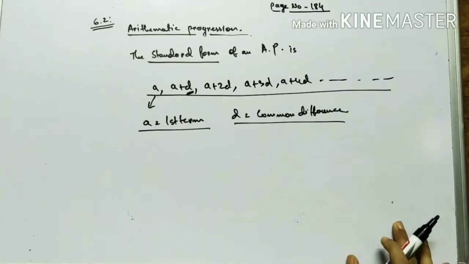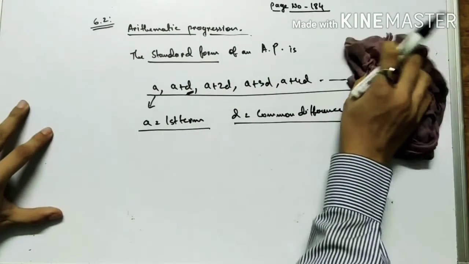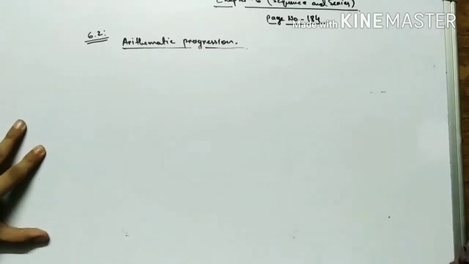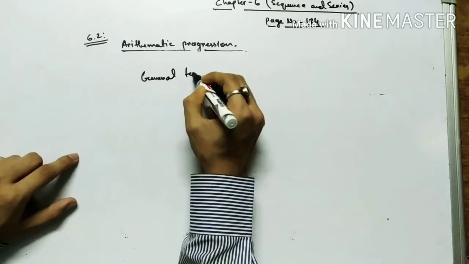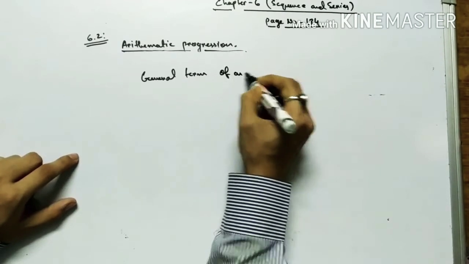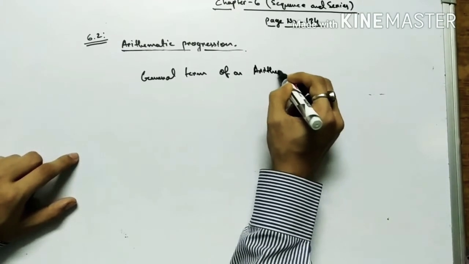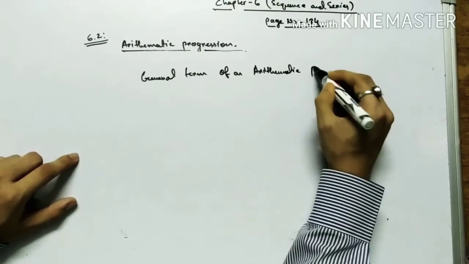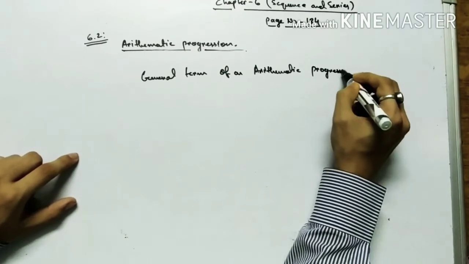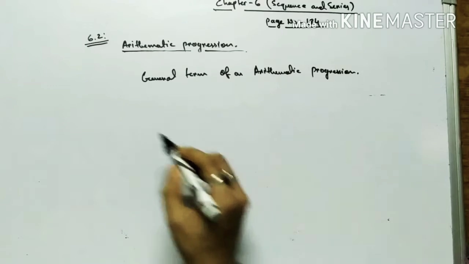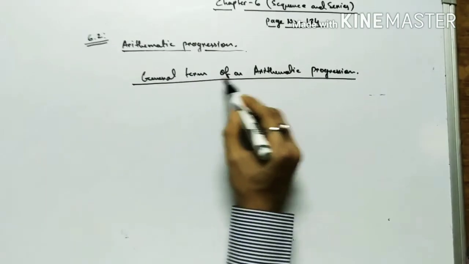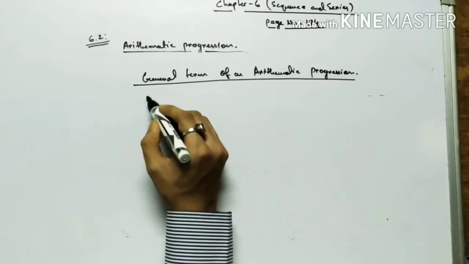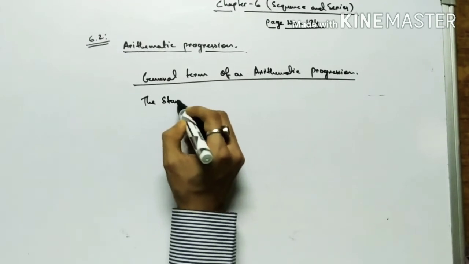Now I will go to the general term of an arithmetic progression. Remember, the general term. So you see the standard form; this is the general term of an arithmetic progression.